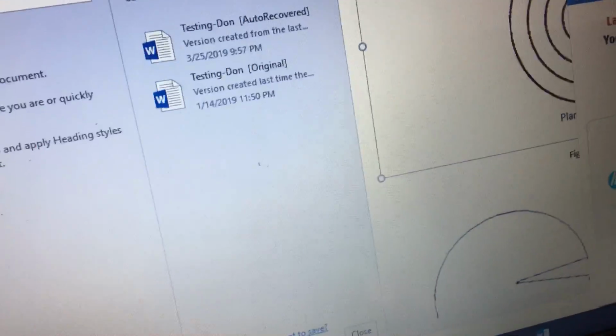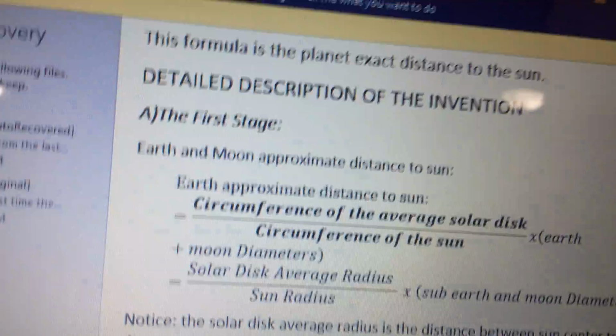One second, I will bring the formula. It is right here.